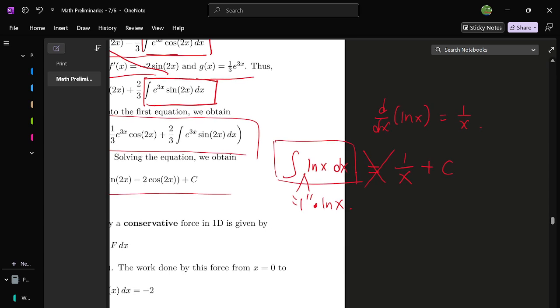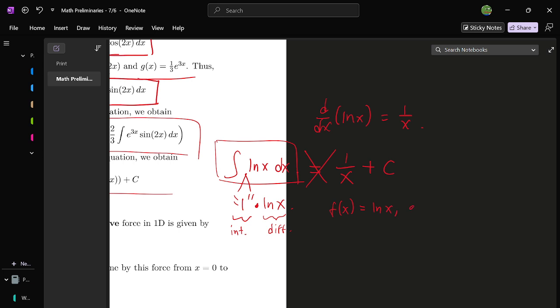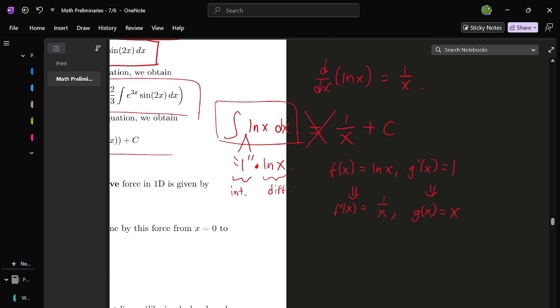So with this, how can we proceed? We don't know how to integrate ln x yet. So of course, we are not going to set ln x to be the function to be integrated. We'll set this to be differentiated, and we'll set this to be integrated. So with this, I would write it as this, which means that you have this, ignoring the plus c here.